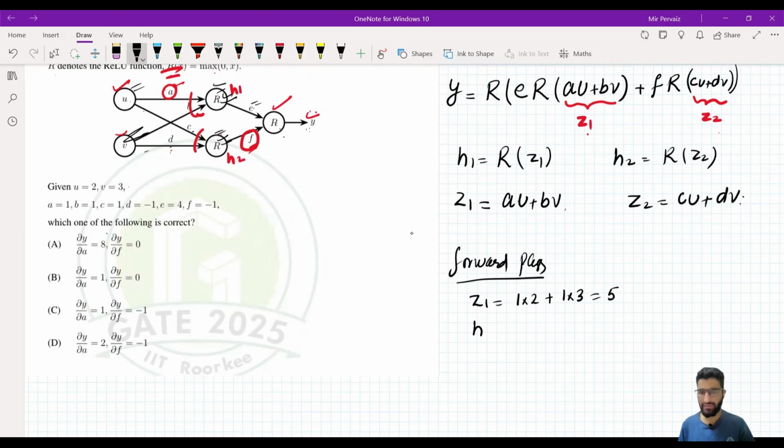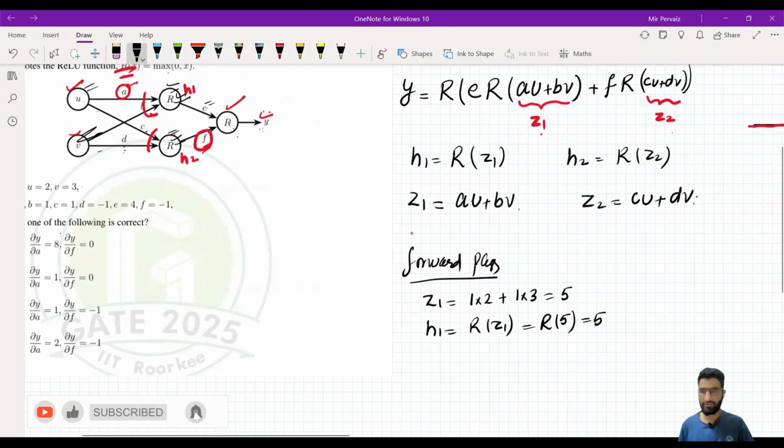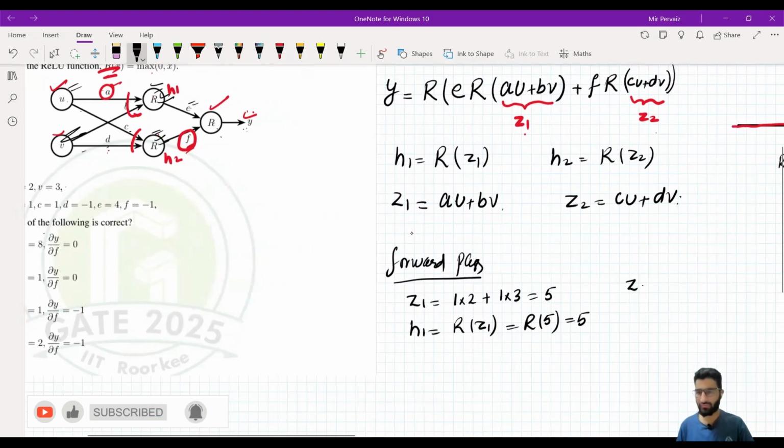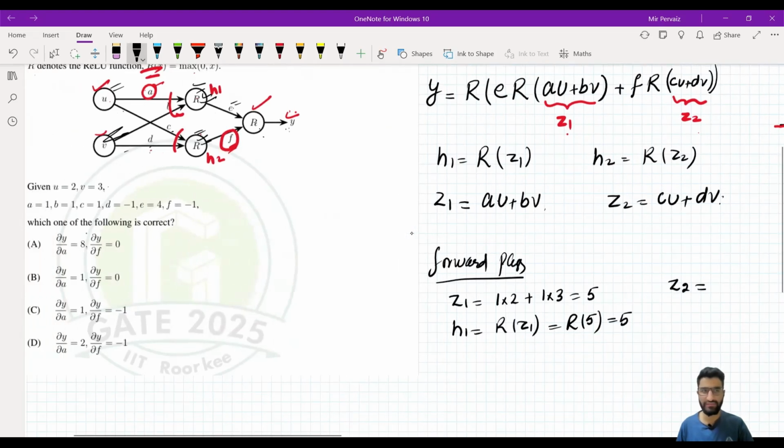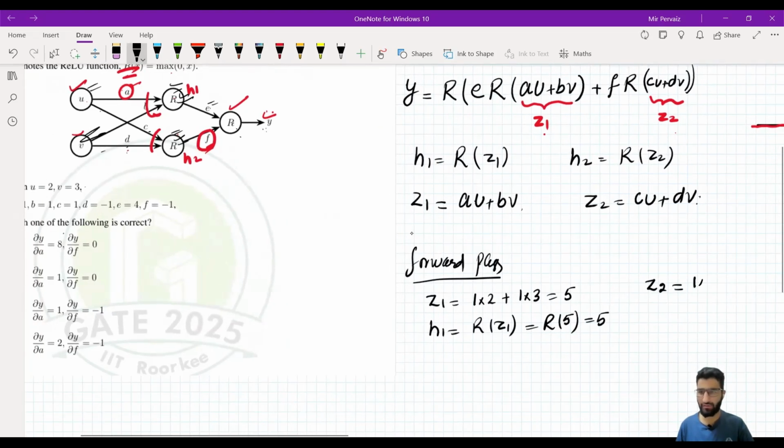And what is H1? H1 is the ReLU of Z1, which is ReLU of value 5, which is 5. What about Z2? Z2 will be CU plus DV. CU, this is 1 into U, U is 2, and D is minus 1, V is 3.